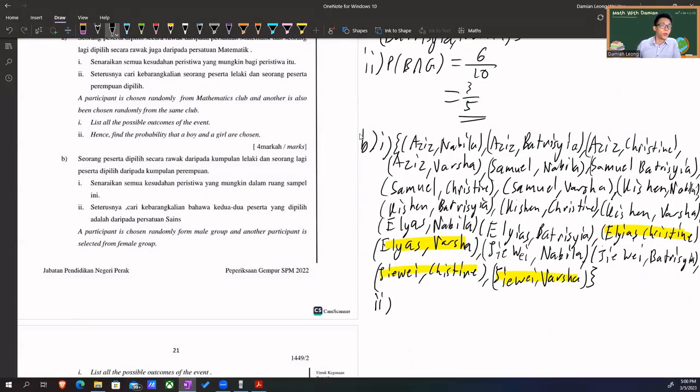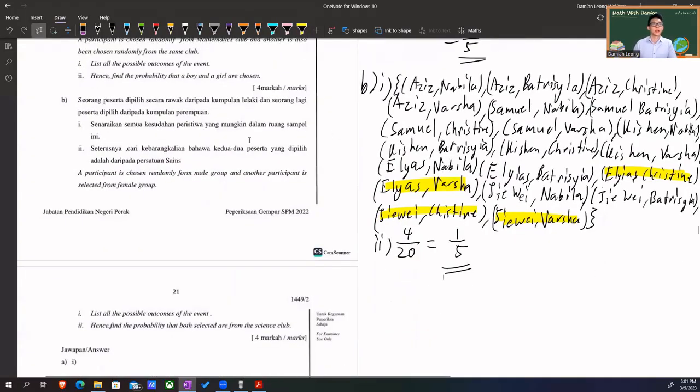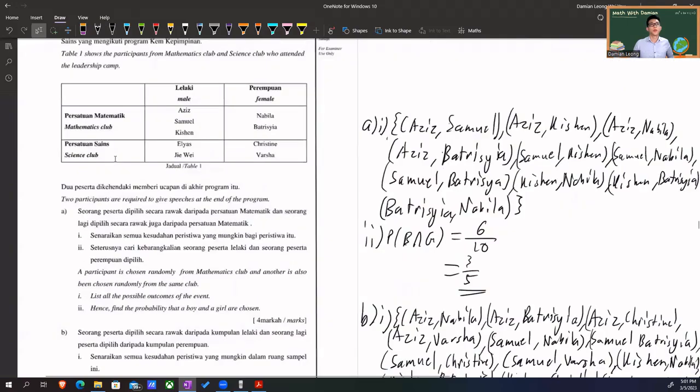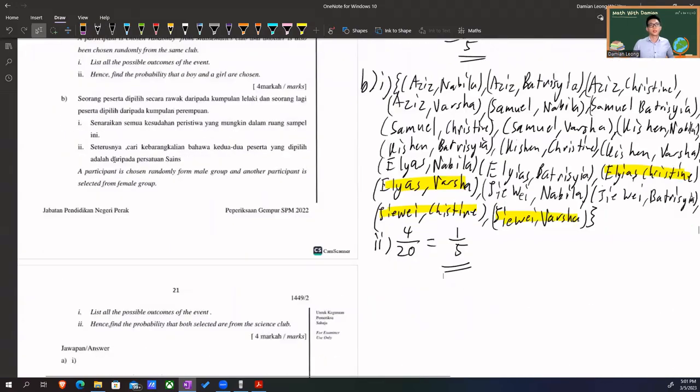So there are 4 of these sets out of a total of 20, so 4 over 20, which is 1/5. Yeah. So that's the answer for question 13.